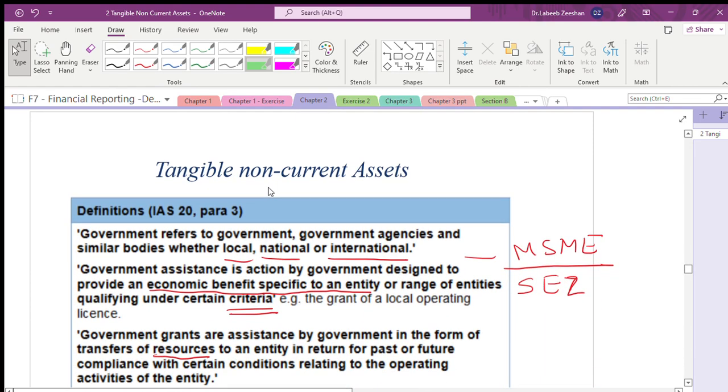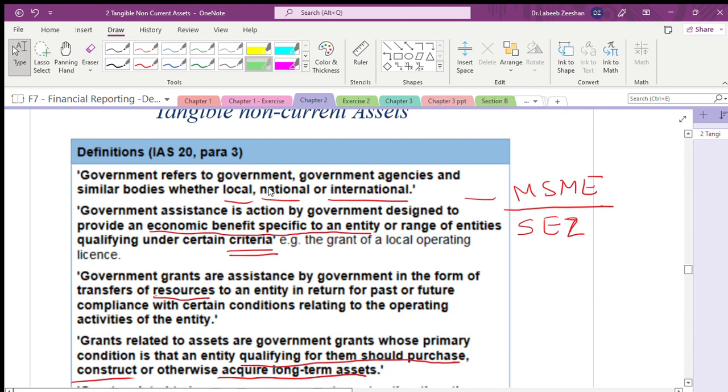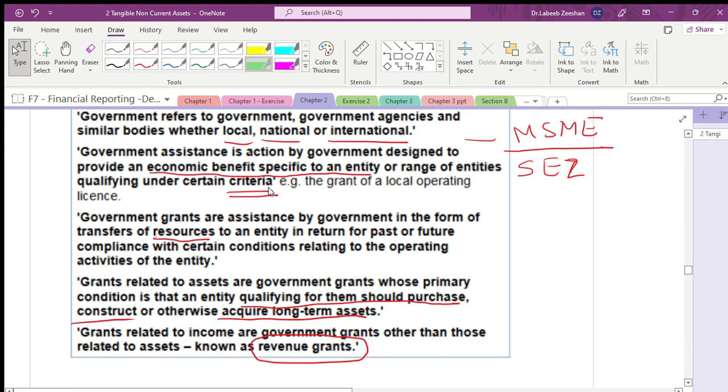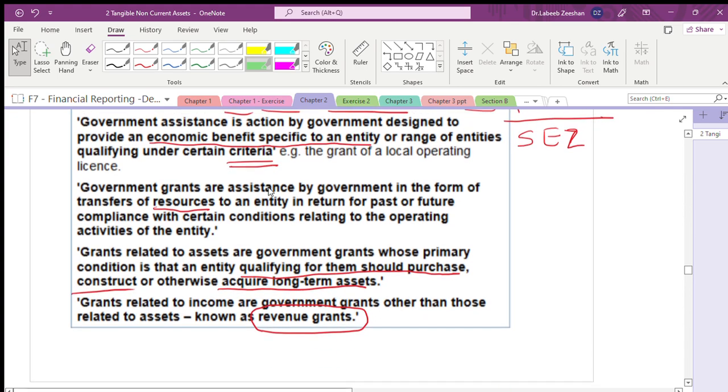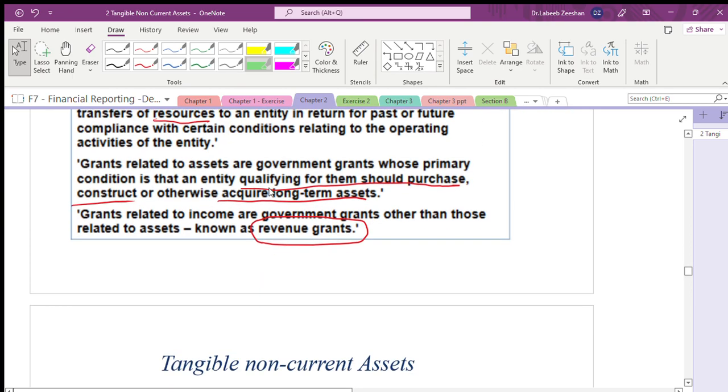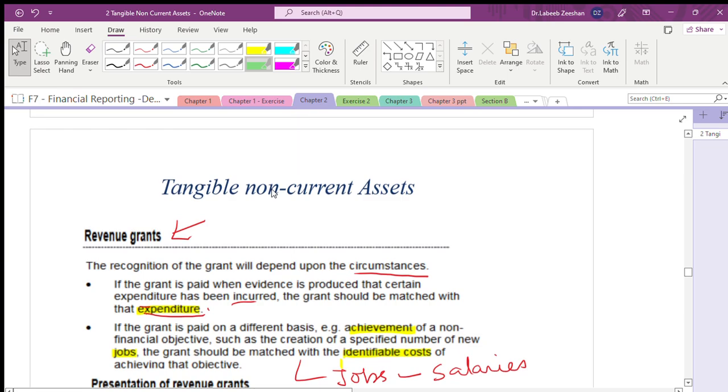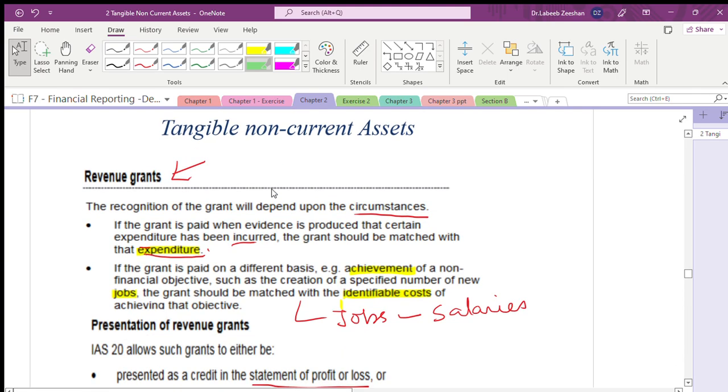Government grants are assistance in the form of resources. Grants related to income rather than related to assets. If the grant is paid because a certain expenditure has been done, it should be matched with the expenditure.